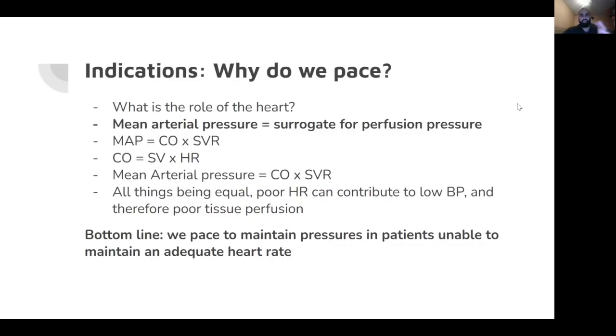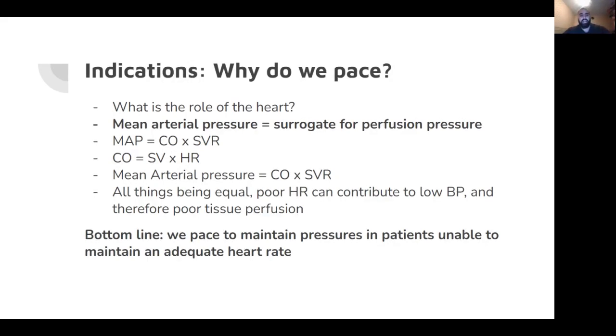Now, in order to understand why we pace, you have to go back to the basics and consider the role of the heart, which is to perfuse tissues and organs. And to perfuse them, circulating blood needs to be circulating at the appropriate pressure, which is determined by this equation: mean arterial pressure equals cardiac output multiplied by systemic vascular resistance.